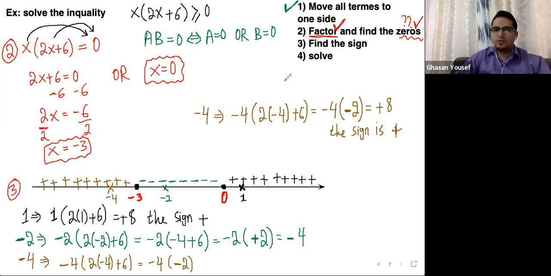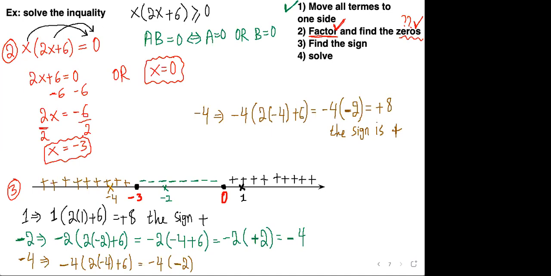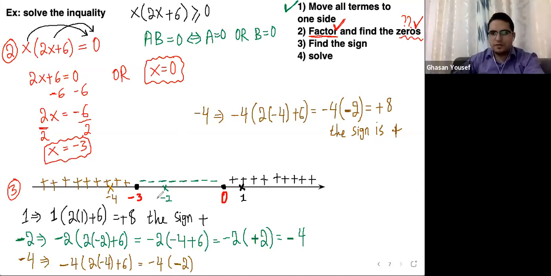So now I'm going to solve this inequality. When this inequality is greater than or equal to 0, when this will be positive or 0, what is the answer? Bracket -3, comma 0, bracket. If I choose this solution from -3 to 0, it will be negative, but the question is when this will be positive or 0.